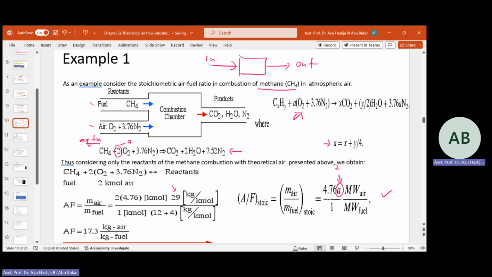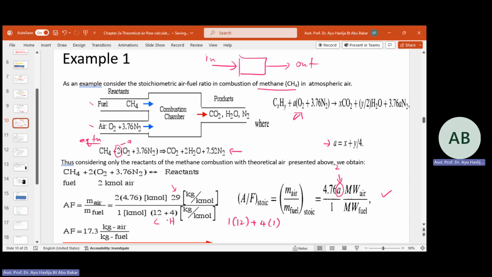So C is 12. This is for C. This is for H. Why 4? Sebab H ada 4. Kan? So 1 C dia macam 1 darab dia punya molecular weight plus 4 untuk hydrogen.